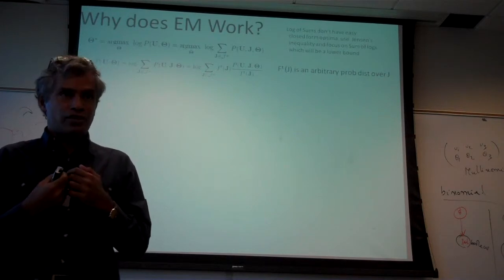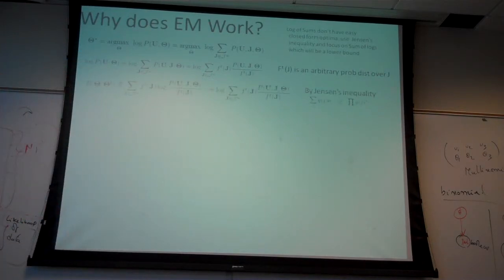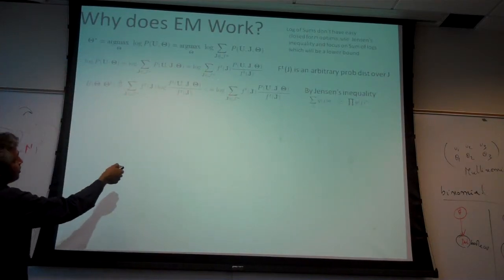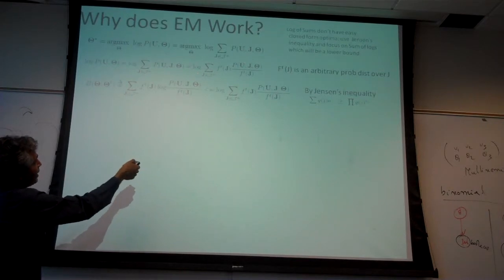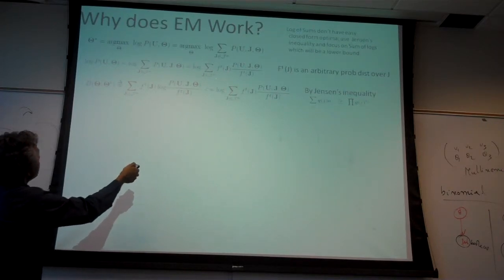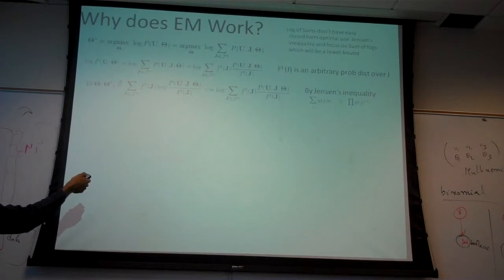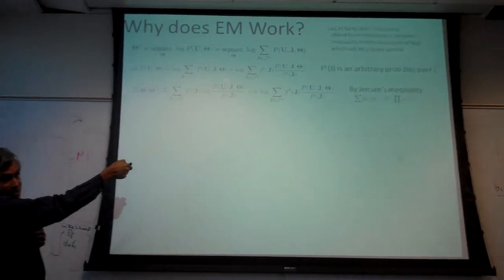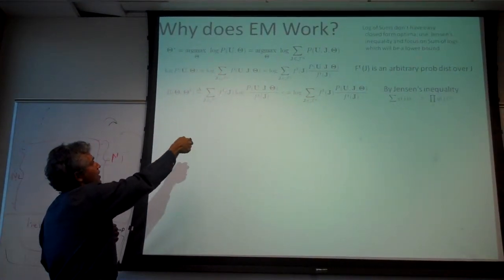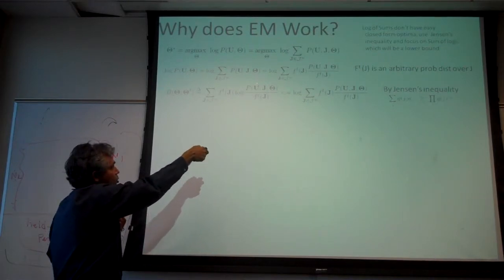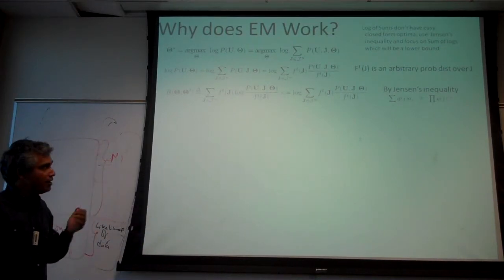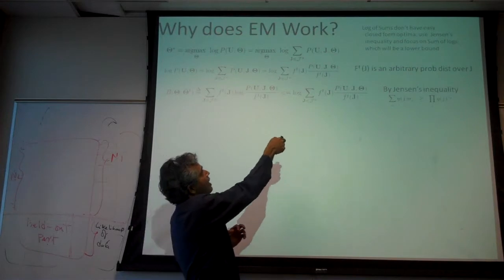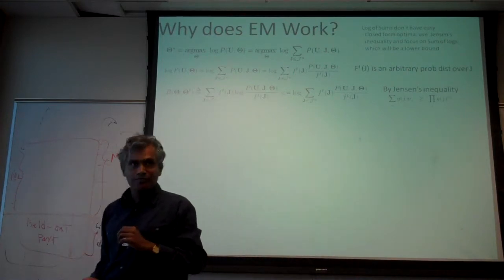Okay? Using Jensen's inequality, you can push the log inside. In this case, you have FTJ log of this. So this is an expected value, because FTJ is a distribution, the expected value of this guy with respect to FTJ. And that would always be less than what you're trying to compute.